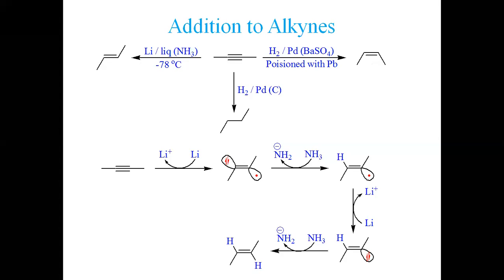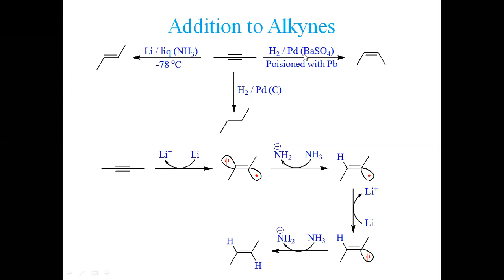Lead is not expensive, and when lead and palladium are mixed with each other, they form an alloy. That alloy, when used, is not much activated. It stops and reduces the triple bond like this into this one. This is syn addition, both hydrogens adding from the same side. You see, cis olefin is formed.